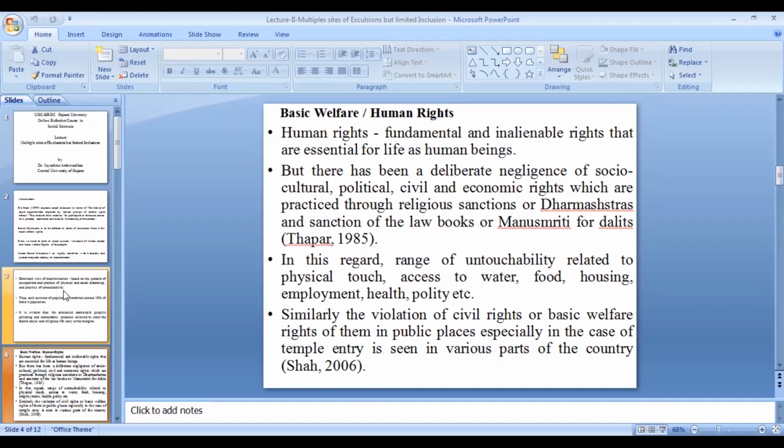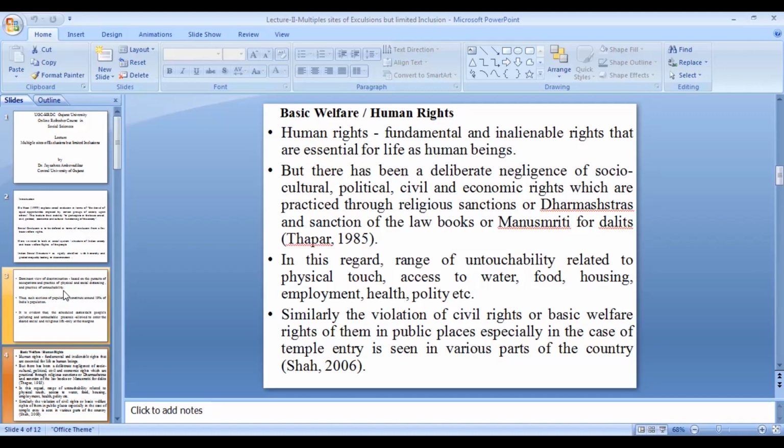But as I told you, there has been a deliberate negligence of social, cultural, political, civil, economic rights, which are through religious sanctions, for example, Dharma Shastras, sanctions of law books, or Manusmriti for the scheduled caste people or the Dalit people, as mentioned in Romila Thapar's book of 1985.